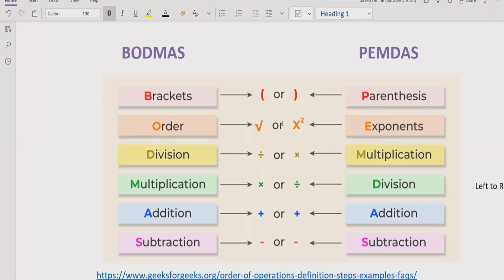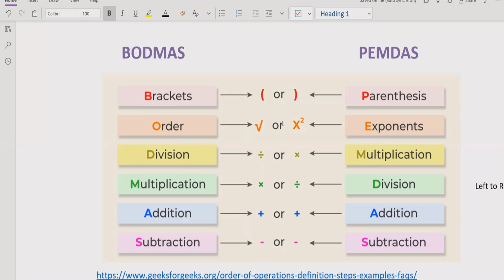B stands for bracket, which means either a rounded bracket, curly bracket, or square bracket. If your expression has any parenthesis or bracket, you solve that part first. Then after that, you have to solve the exponent, like any number that has a power. So you solve that part after the bracket.